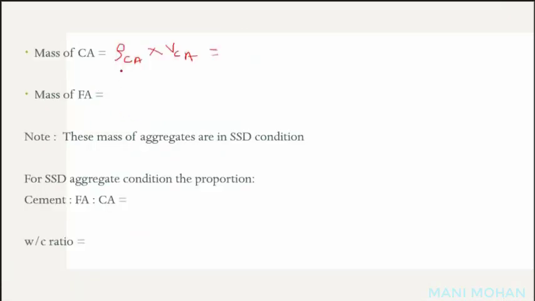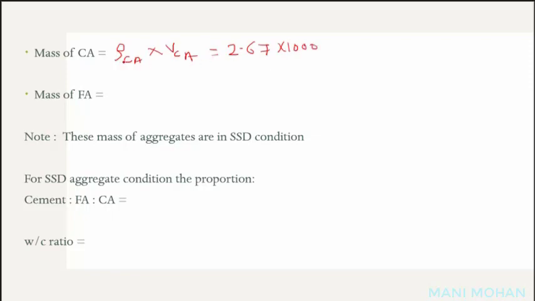We are here to compute the mass of coarse aggregate. I said the mass of coarse aggregate is the density of coarse aggregate into volume of coarse aggregate. How are you going to compute the density of coarse aggregate? Specific gravity of coarse aggregate. So what is the specific gravity of coarse aggregate? We noted down, it is 2.67 into 1000.